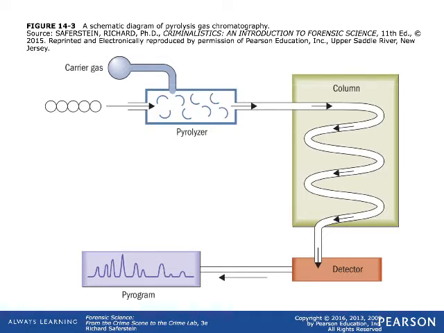And at the same time, it injects a gas. So that's where the gas part comes in. Then the molecules are going to move through a column, and they move through the column according to size. Usually the smaller molecules are going to move through faster, and as they go through there, they're going to be detected at the end.